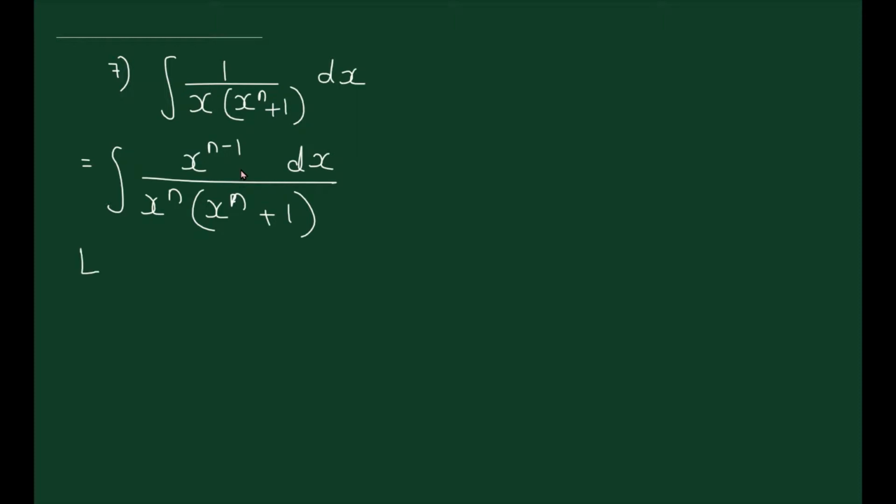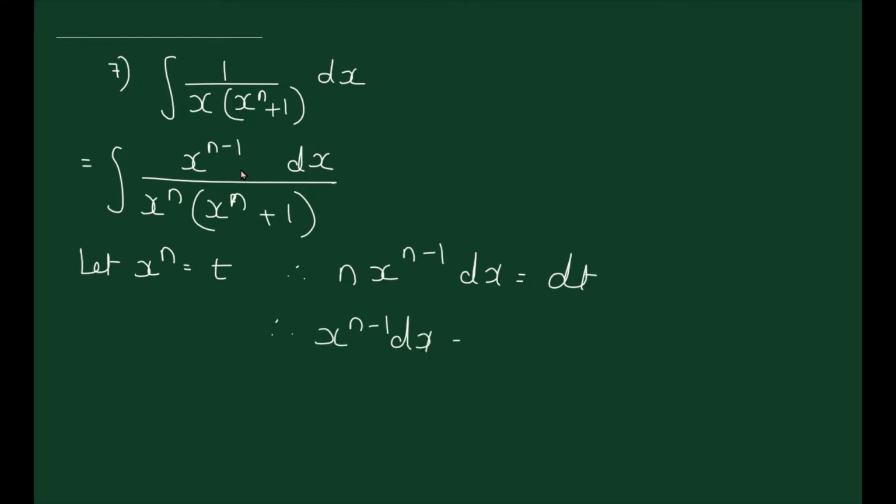Now we put x raised to n as t, and therefore upon differentiation, using the formula for x raised to n, we get n into x raised to n minus 1 dx as dt, and therefore x raised to n minus 1 dx becomes dt upon n.